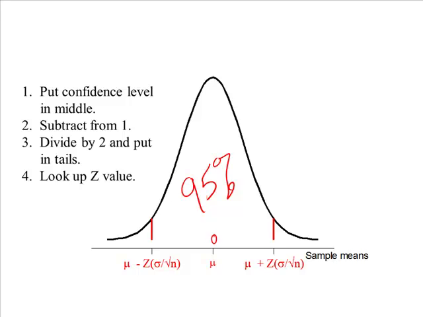So under the curve, it turns into what? It turns into area. So if I want 95% under the curve, and I turn that into an area, how much is left outside of my confidence interval? 0.05. How many tails do I have? Right now I've got 2. Let's just stick with that.